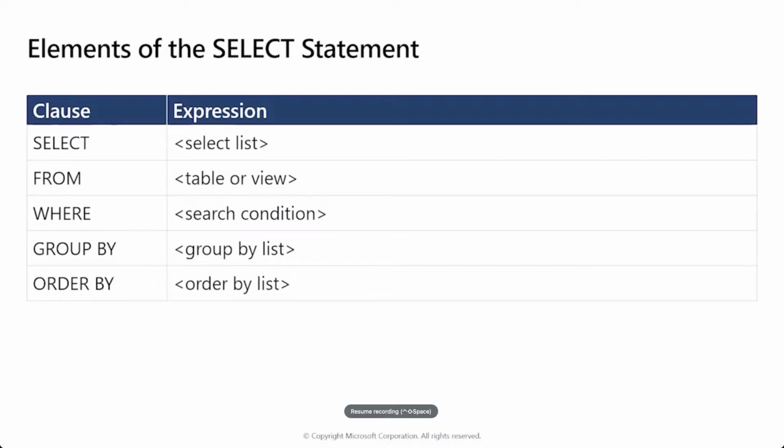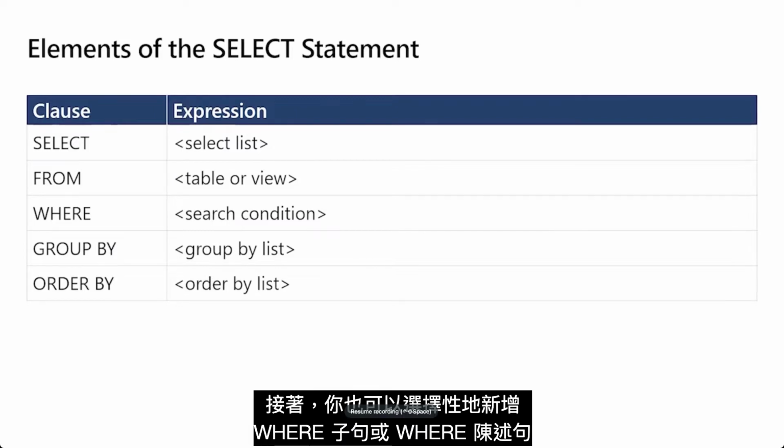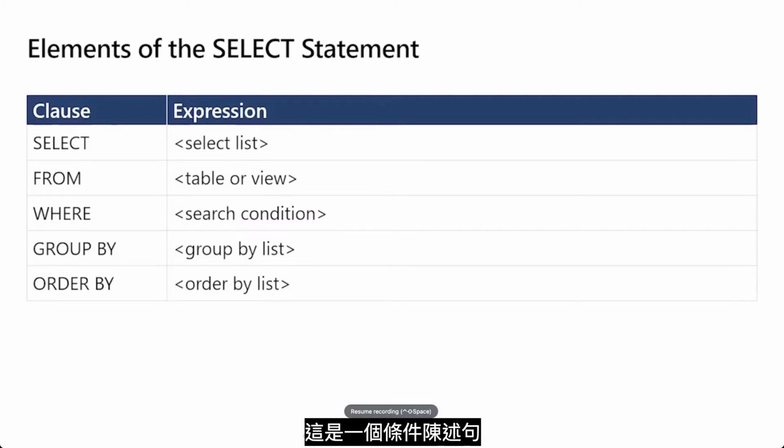Now, the from statement is then used to decide which table to retrieve your data rows from. Then you can also optionally add a where clause, which is a conditional statement that specifies which data to include and which data to exclude, depending on the evaluation of the condition.